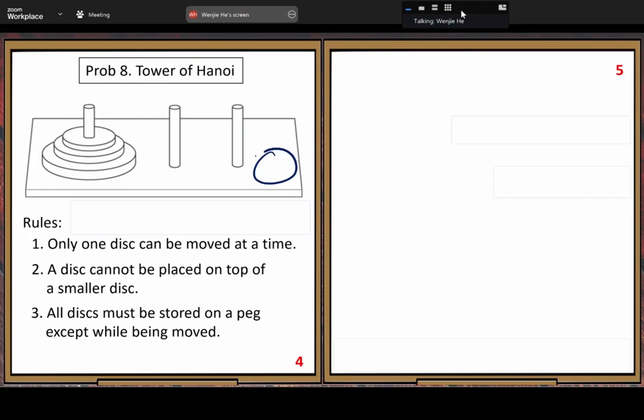In this example I use 3 disks, but our goal is to solve it for n disks.